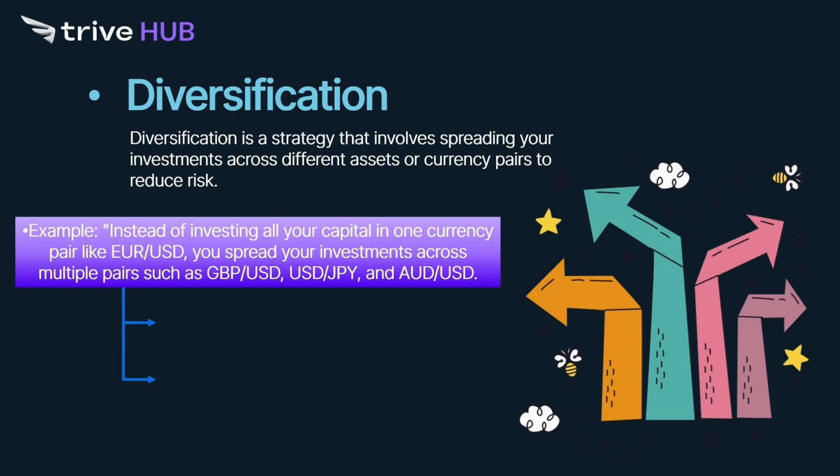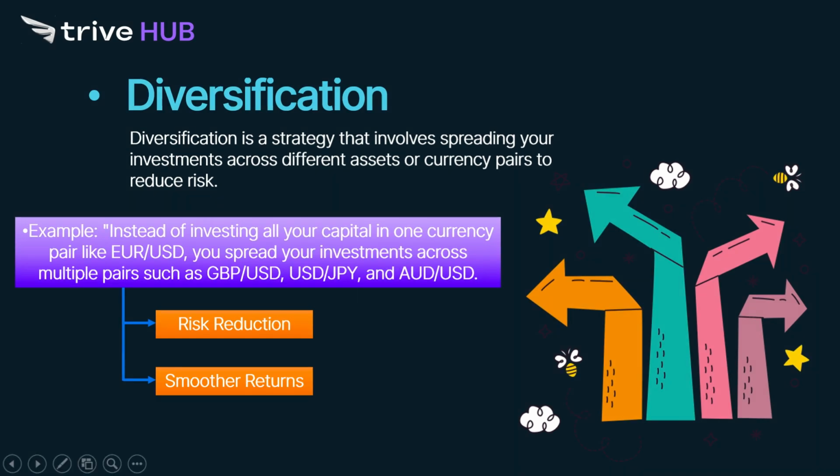It reduces the risk. By holding a variety of assets, you reduce the risk of significant losses from any single trade. It also smooths the returns. It means it will give you average returns over a period of time, or you can consider it as a fixed type of return.